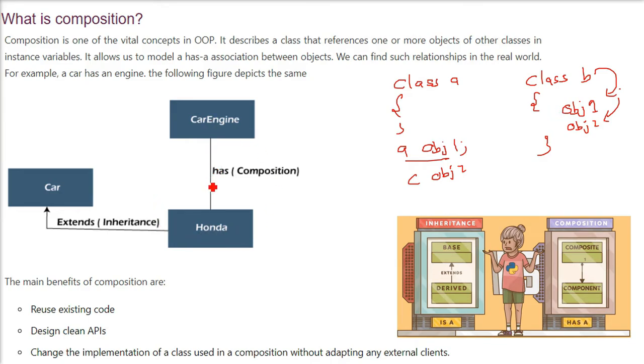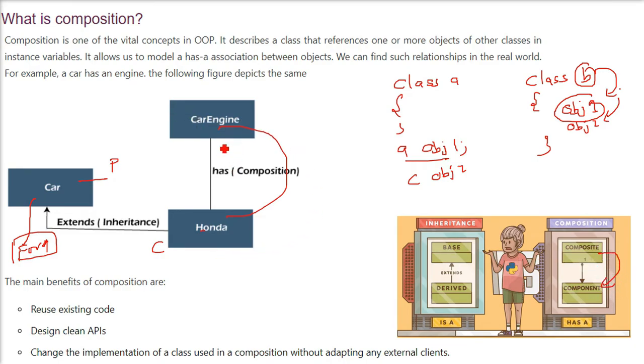See, Honda has a car engine. Inheritance is also important here, and composition is also important here, because when you are extending, a car can be Honda, a car can be Ford. So Honda is extending car, or you can say Honda is derived from car, but the has-a or composition relationship is all about referring to the objects of another class and putting them inside your class as variable data members.